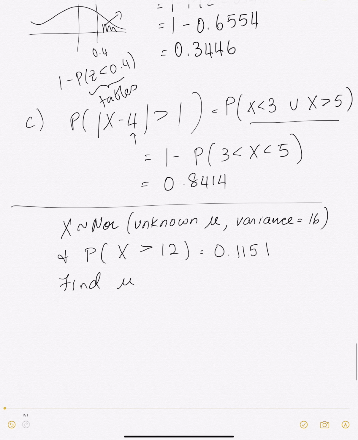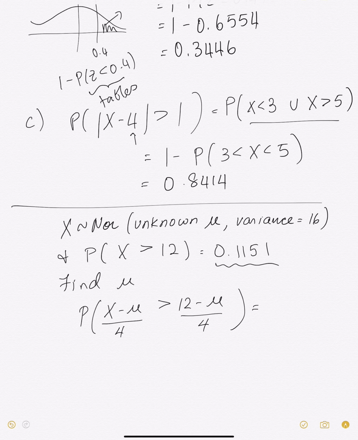What do you do? You translate this to a question about z and actually look up the tables in reverse, okay? I'm just gonna do this. So you have probability of x minus the unknown mu is bigger than 12 minus the unknown mu over the sigma, which is 4.